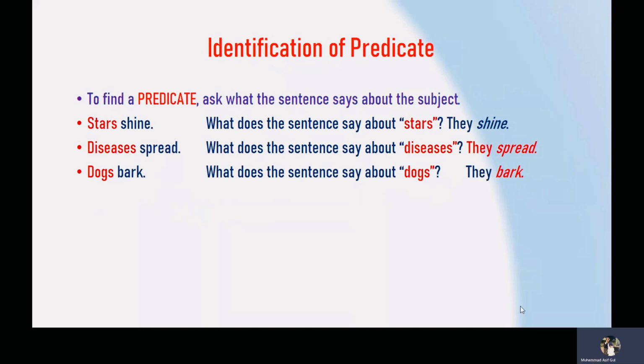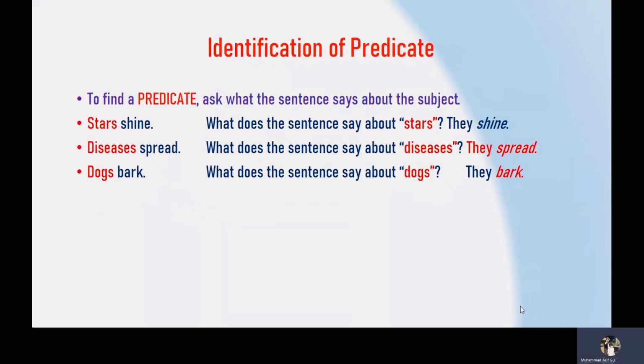Let's see now how we can find the predicate of a sentence. And if we want to find the predicate, we'll have to ask this question, what the sentence says about the subject. We have this sentence, stars shine. Now we will be asking this question, what does the sentence say about stars? The sentence says that they shine.